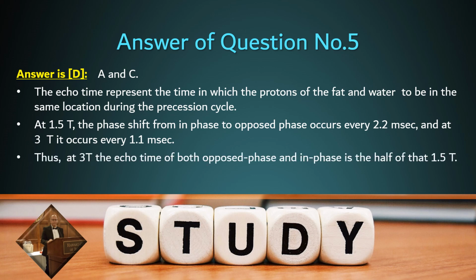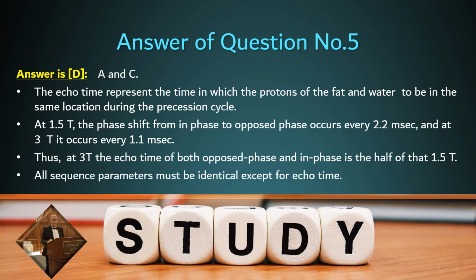This means that at 3 Tesla the echo time of both opposed and in-phase sequences is half of that at 1.5 Tesla. And remember also, all sequence parameters must be identical except for the echo time.